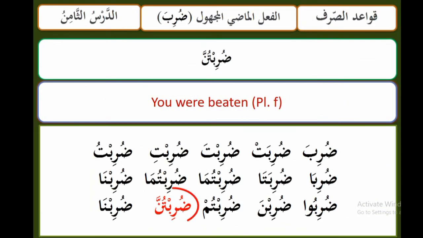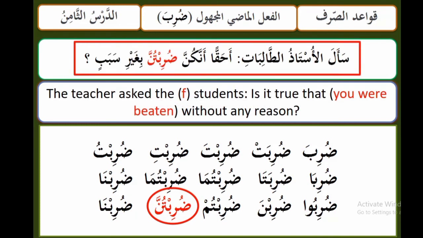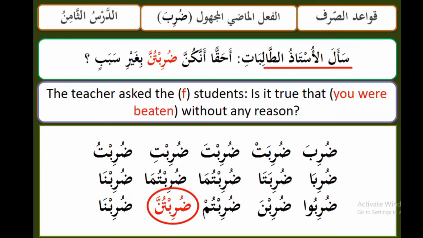The next is ضربتن, and this means you were beaten for plural feminine gender. Example, سأل الأستاذ الطالبات أحقا أنكن ضربتن بغير سبب. The meaning, the teacher asked the female students, is it true that you were beaten without any reason?